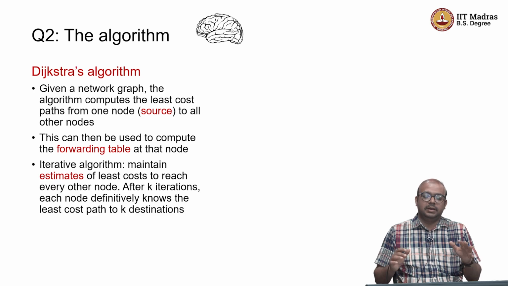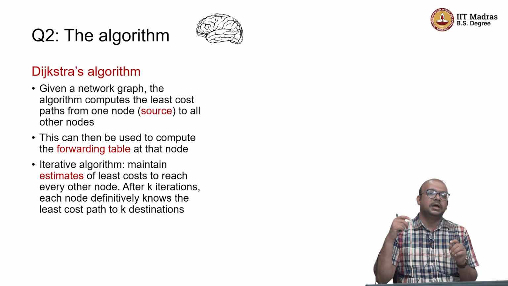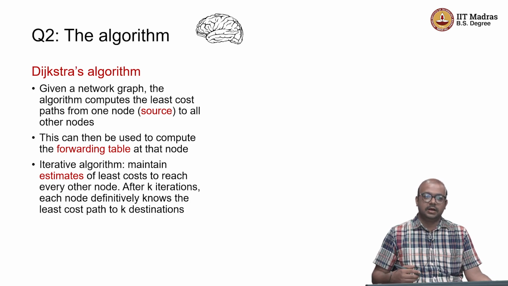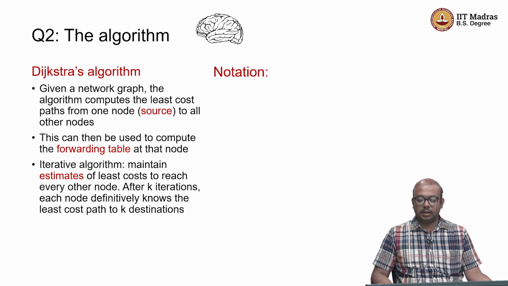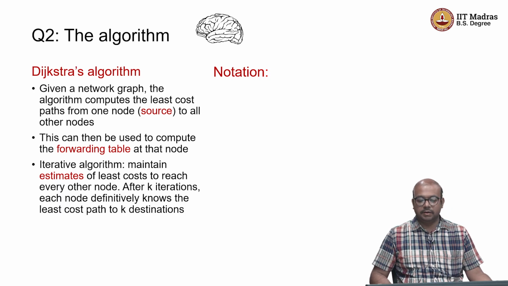So, you have a certain belief that to reach a certain destination D, this is my shortest path, and that belief gets updated over time. Okay. We are going to see, or rather revise, how exactly it works. There are a few notations we are going to use because we are also going to stick to this notation for your exams or the assignments that are going to be given to you.